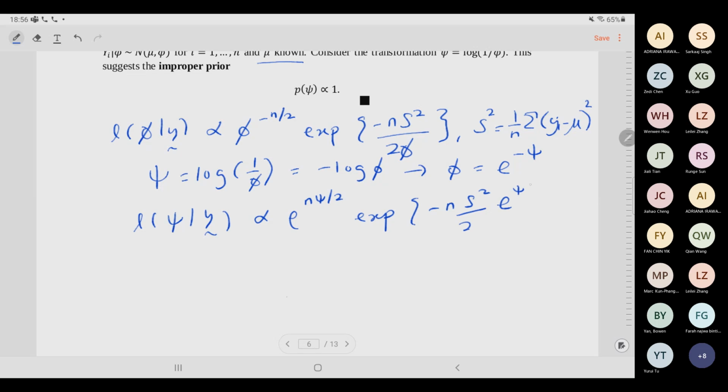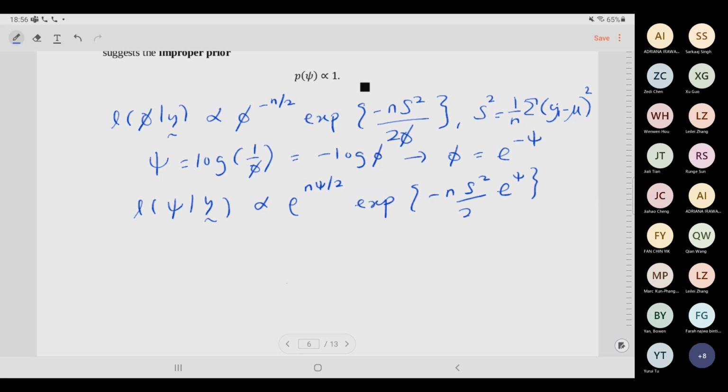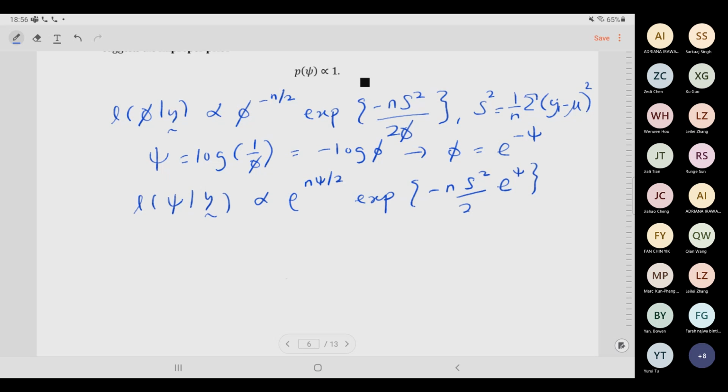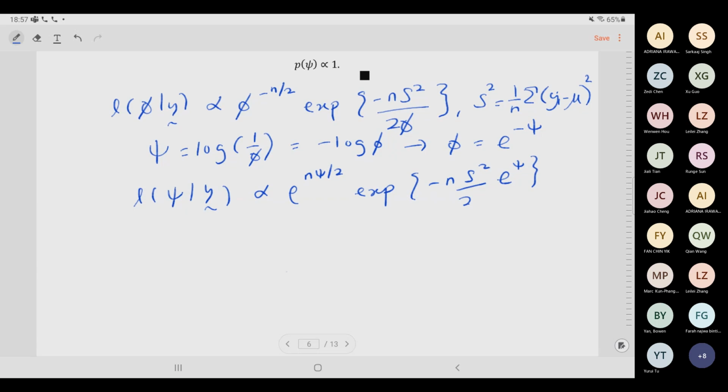Now you have your likelihood after transformation. And remember, your likelihood is invariant under transformation. So that's why you change your phi to exponential minus eta. So that's why you get this.